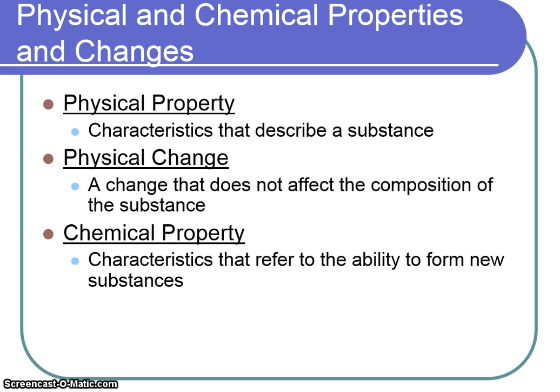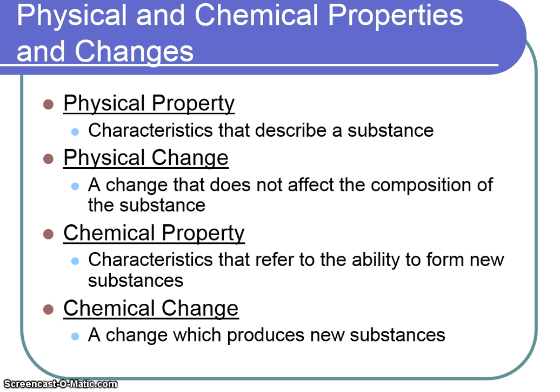A chemical property is a characteristic that refers to the ability to form new substances. So a chemical change is a change which produces new substances. Combustion, when we burn something, it's a chemical change. I can't recollect the smoke and steam and ash and put it back together into the wooden log that I had burned. We burned our candle.